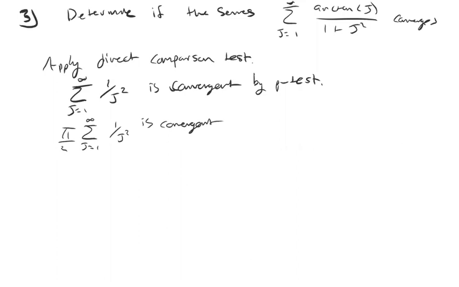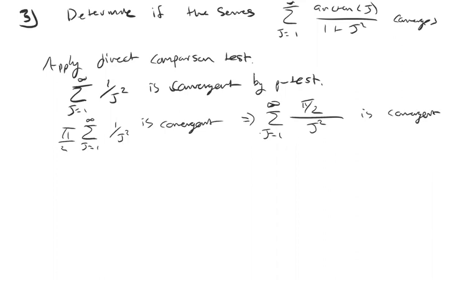So we can go ahead and multiply a finite number by pi over 2, which is also finite, and that's not going to affect the convergence at all. And since it's convergent, we can distribute. So we have that the sum j equals 1 to infinity of pi over 2 over j squared is convergent.